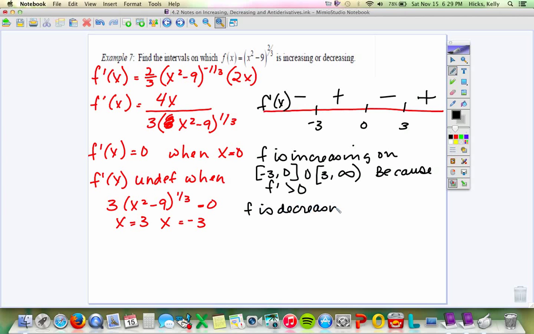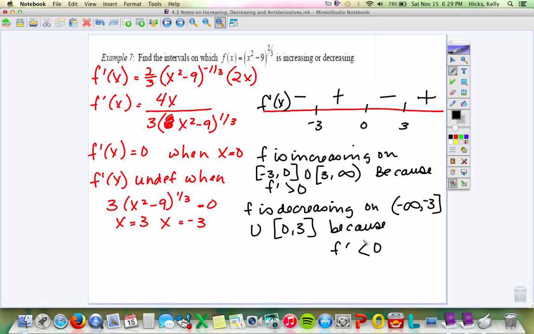And f is decreasing on negative infinity to negative 3, together with 0 to 3, because the derivative is less than 0, or decreasing.